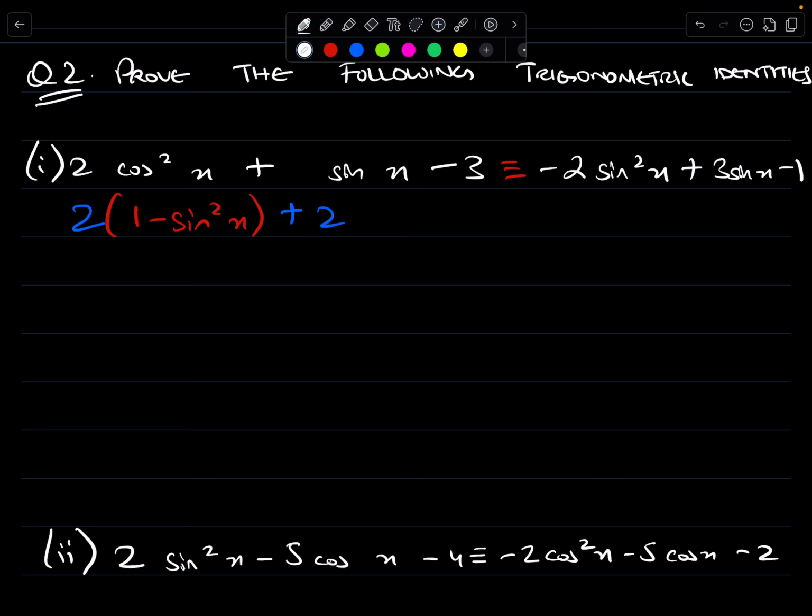Sorry, this is a 2 sin x. So, we have 2 sin x minus 3. Or wait, this is a 3 sin x. I'm sorry. So, 3 sin x minus 3. Then we'll expand this part. So, we have 2 minus 2 sin square x plus 3 sin x minus 3.